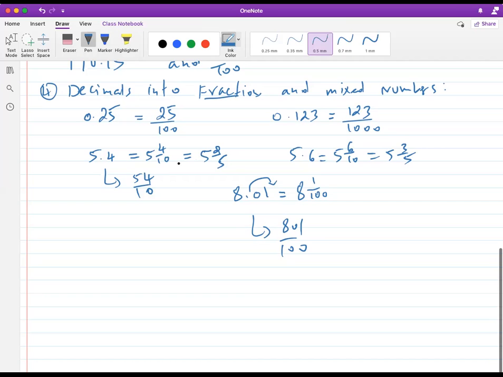This is a mixed number, this is an improper fraction. All three are the same number, just written in different forms. If you can simplify, you simplify; with 1/100, there is nothing to simplify.